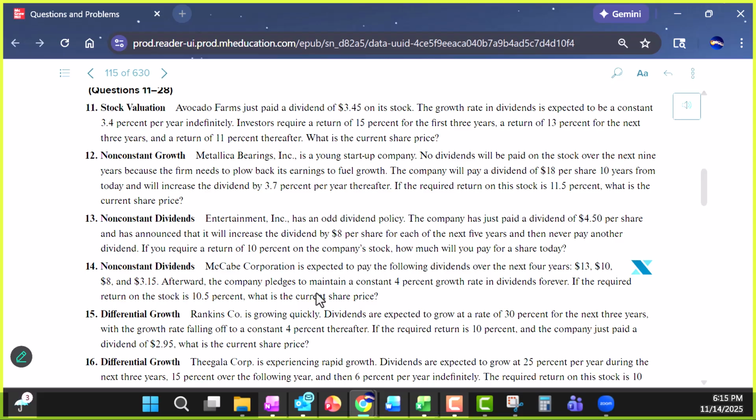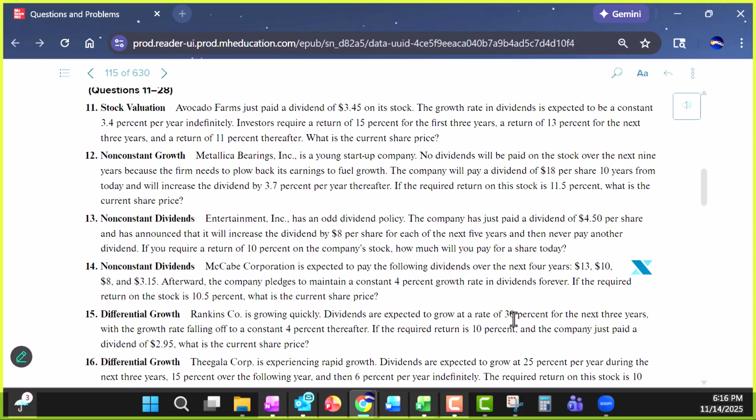Let's see. This is similar in nature, but we just have to construct the dividends for the next 3 years.